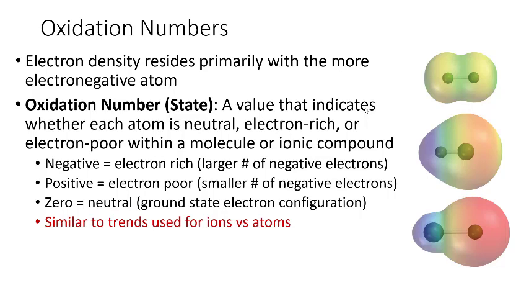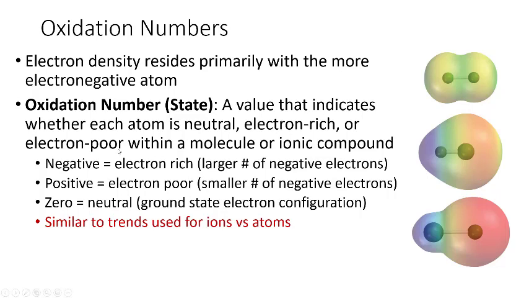For chemical reactions that involve a complete transfer of electrons, we can assign what are called oxidation numbers to each atom in a specific molecule. Electron density resides primarily with the more electronegative atom, as we see in our polar covalent bonds. So the oxidation number, or oxidation state, is a value that indicates whether an atom is neutral, electron rich, or electron poor within a specific molecule or ionic compound.